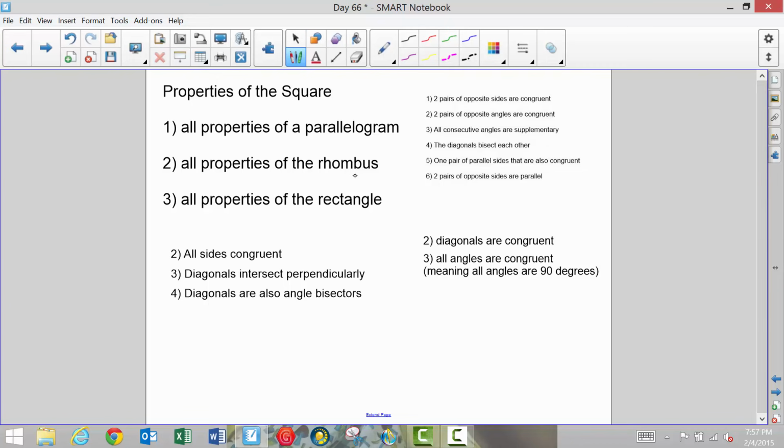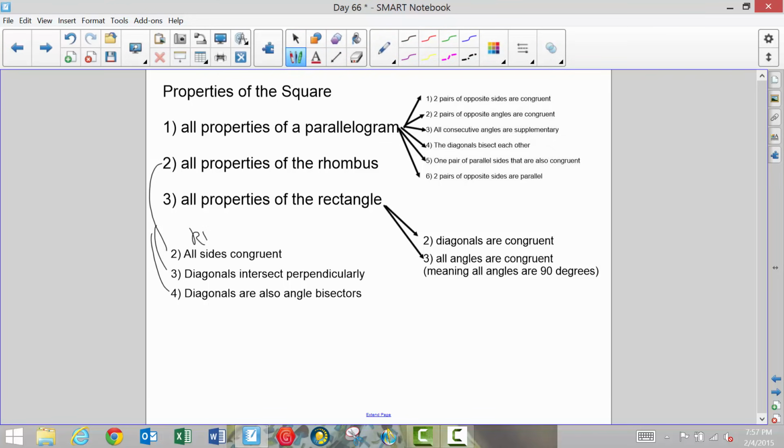Then you have your properties of a square, which is everything. So you have the properties of the parallelogram. Then you have the properties of the rhombus and the properties of the rectangle. So the properties of the rectangle are right here and the properties of the rhombus are right here.